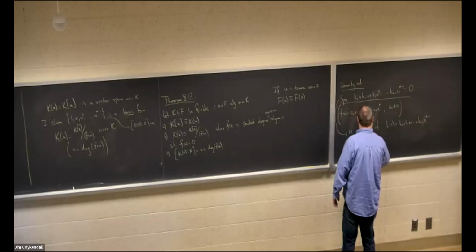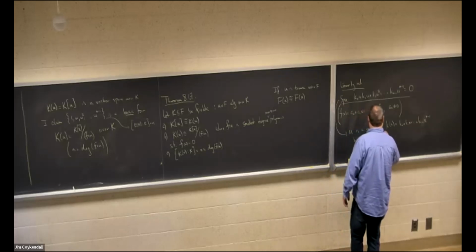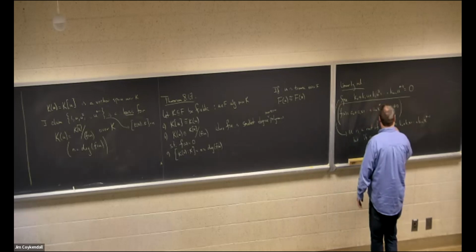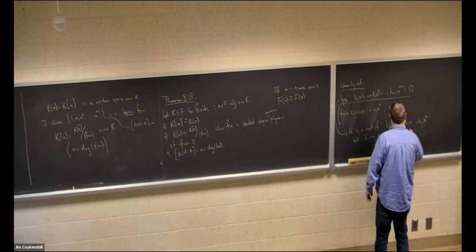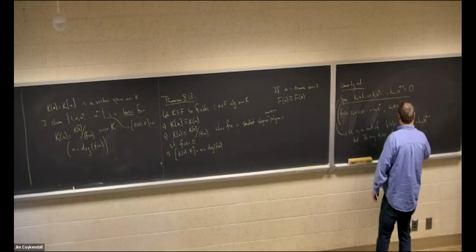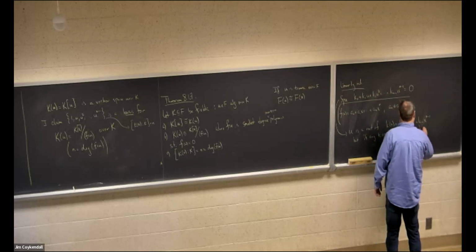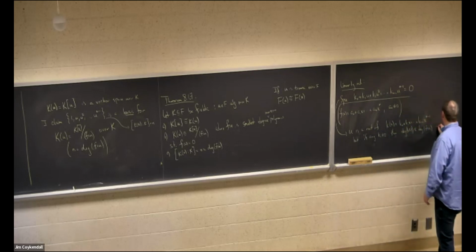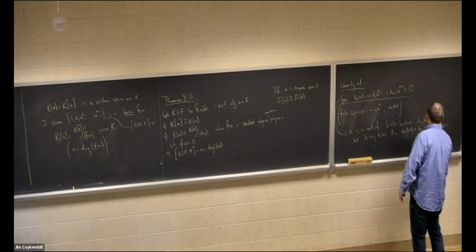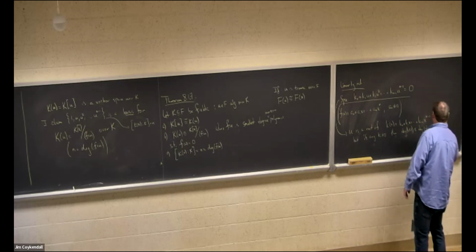But if any ki is not 0, then the degree of k of x is strictly less than the degree of f of x. And this is a contradiction because f of x is the minimal polynomial.